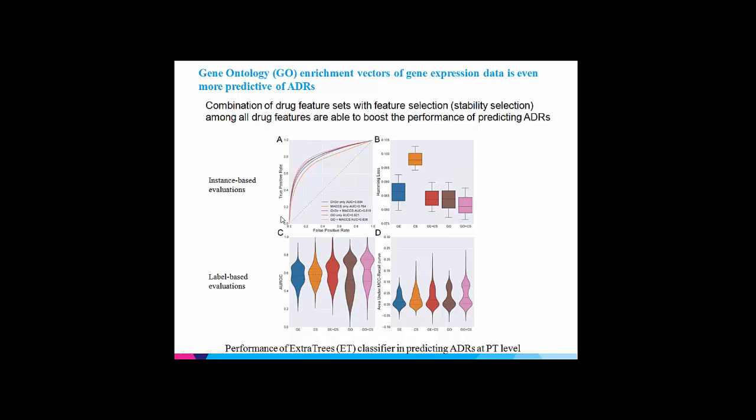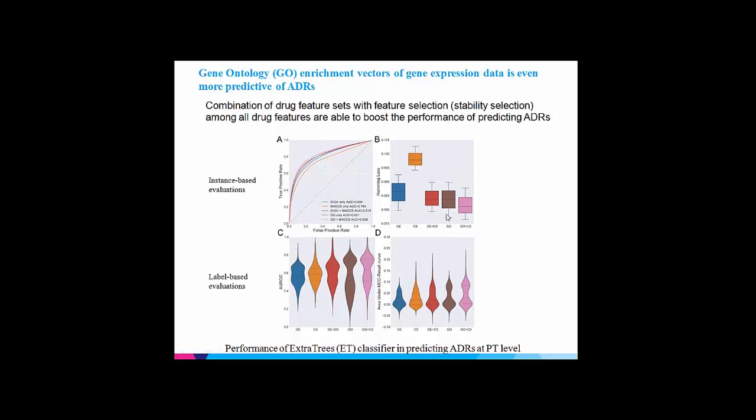And then we want to further improve our predictability of ADRs by converting the gene expression signatures to the enrichment vectors of gene ontology terms, that is to transform the gene expression data to see what gene ontology terms are enriched, and then use the enrichment vectors of gene ontology terms to predict ADRs.